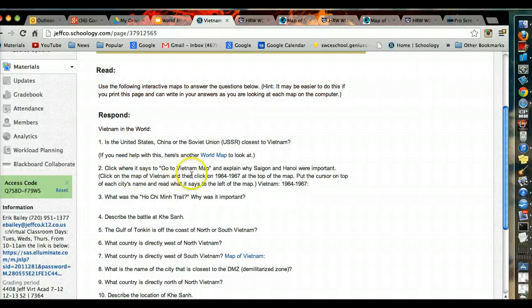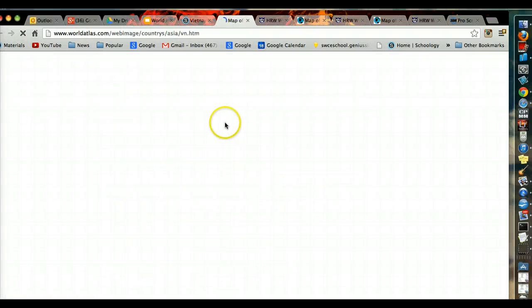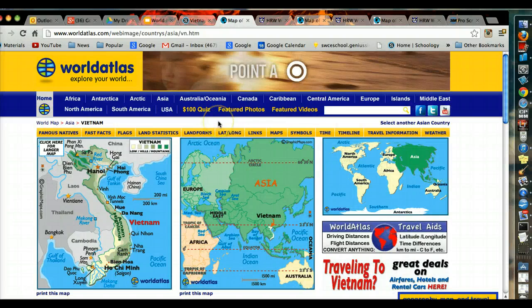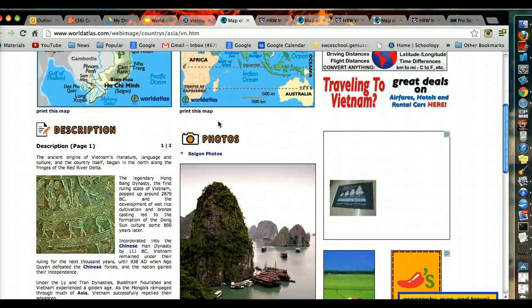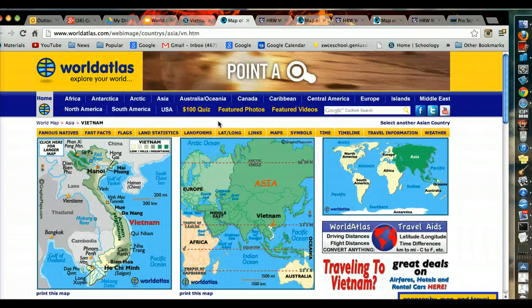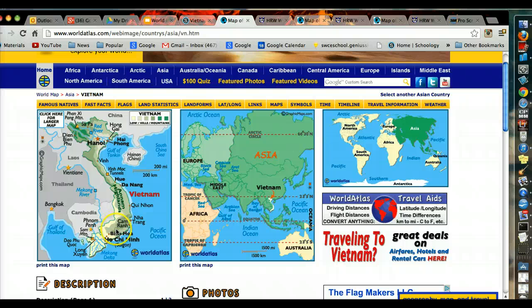Click on where it says go to Vietnam map and explain why Saigon and Hanoi were important. Click on the map of Vietnam and click 1964 to 1967 at the top of the map. Put the cursor on the top of each city's name and read what it says to the left of the map. Let's take a look at this. Okay, I'm going to have to add a map to that.